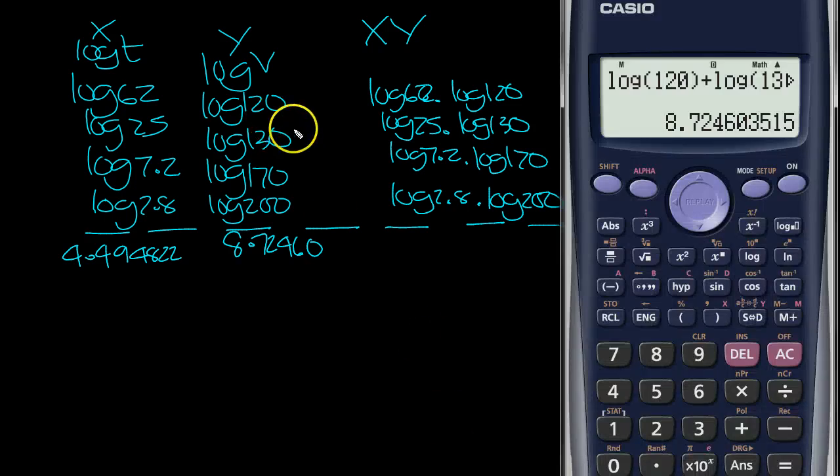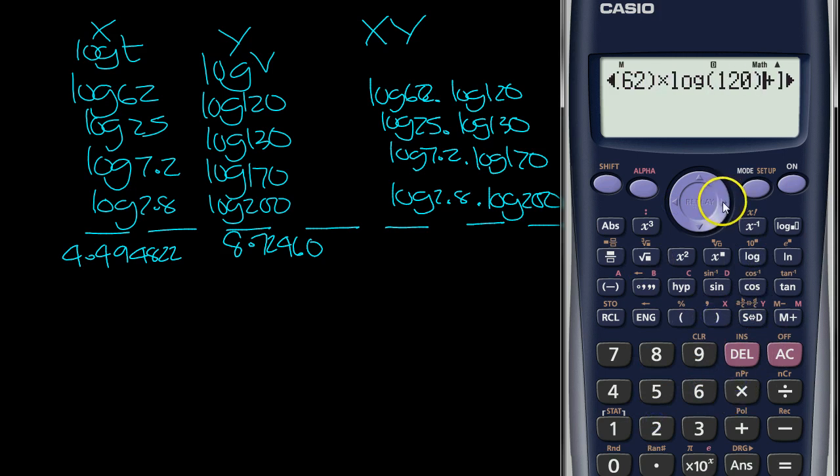We've already got these logs in, so why don't we just toggle back and just put the other log beside it. So we got the log 120. It's log 62 times that, isn't it? Log 62 times log 120. Then it's log 25 times log 130.